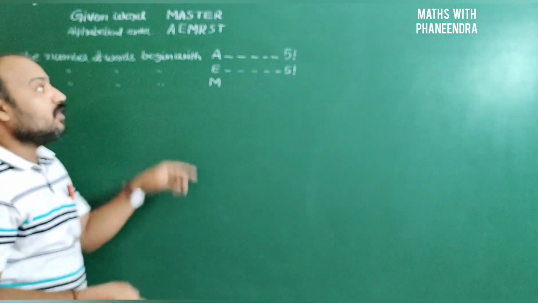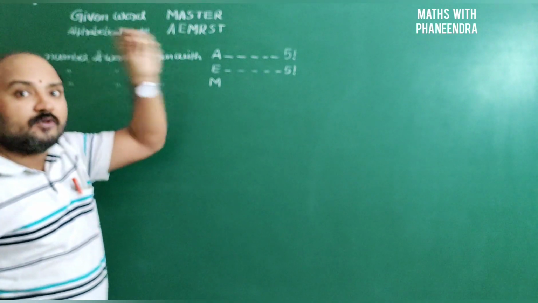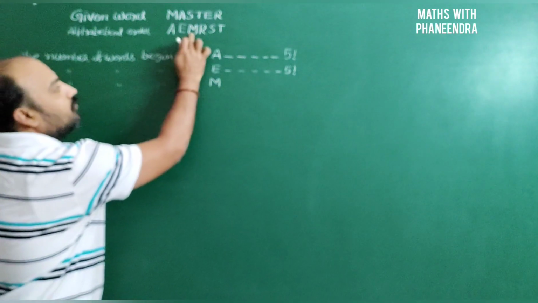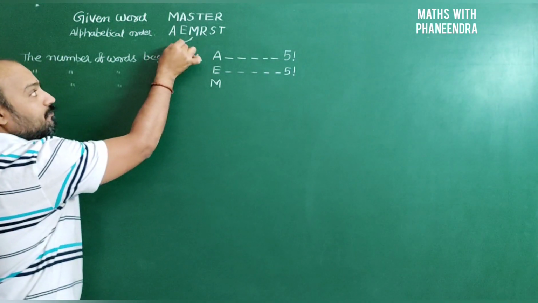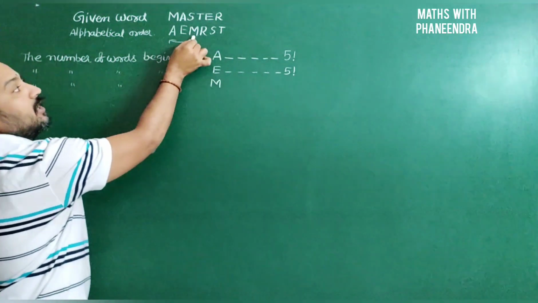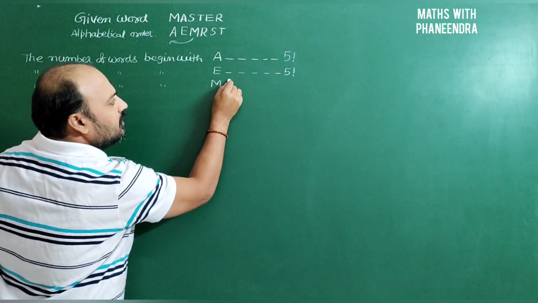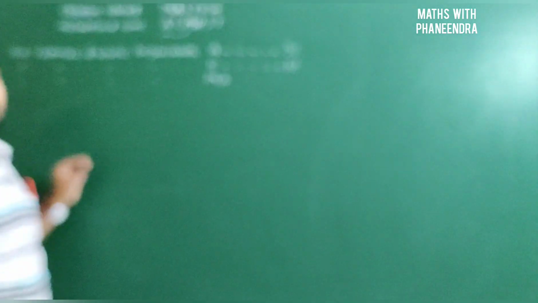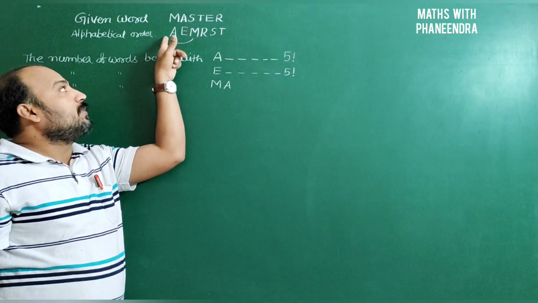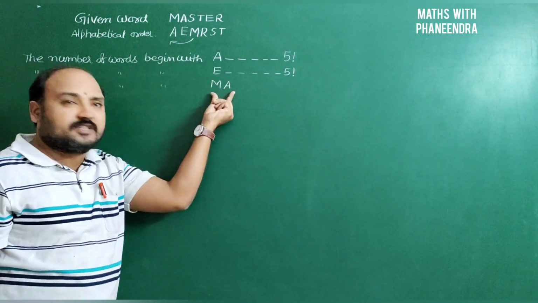So next, till you get MA, the number of words which begin with MA. After M, again you come forward. You cannot go to the next term. MA is also already there in the given word master, so we can fix it here.